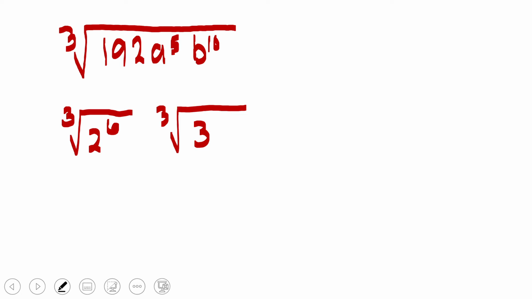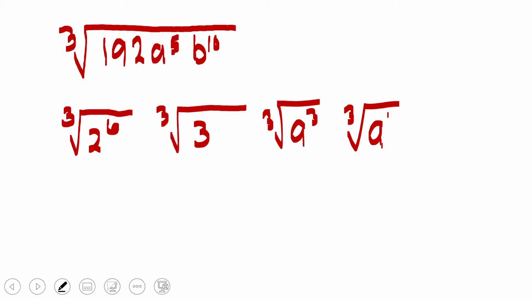We take our a in the cubed root to the 3rd power times a to the 2nd power in the cubed root. 3 plus 2 is the 5 exponent.